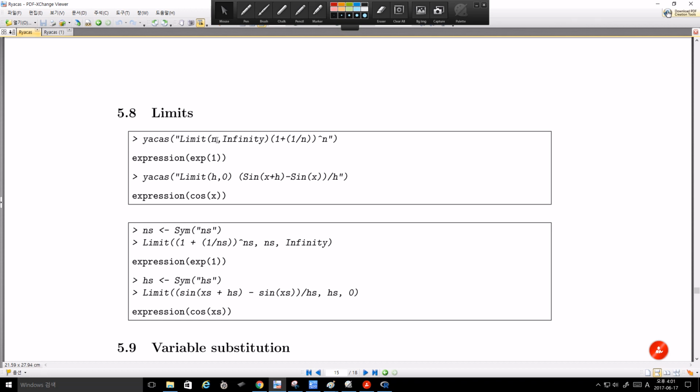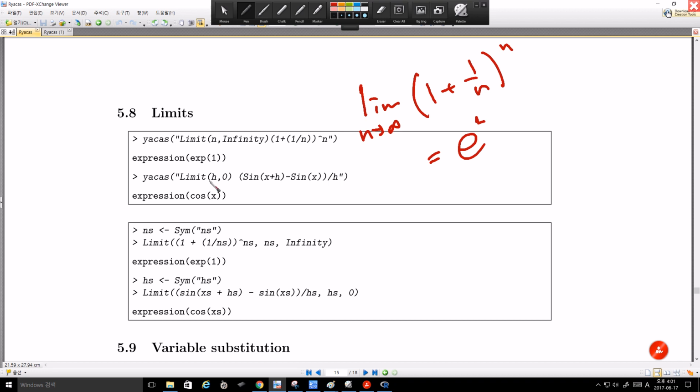Limit when n goes to infinity of 1 plus 1 over n to the power n, we know this is definitely e, right? e to the power 1, e. So we know this one.